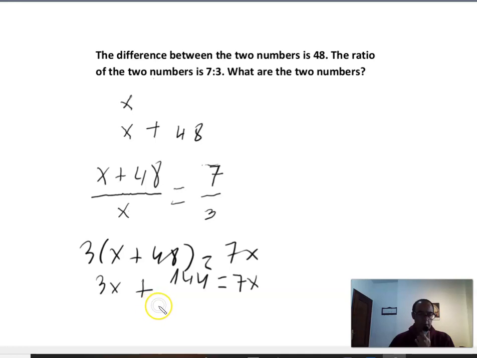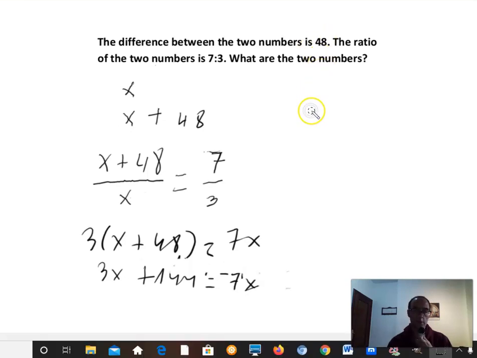Now you can solve this equation as usual. 144 equals 7 times x minus 3 times x.